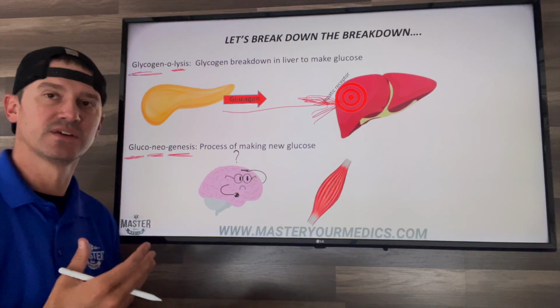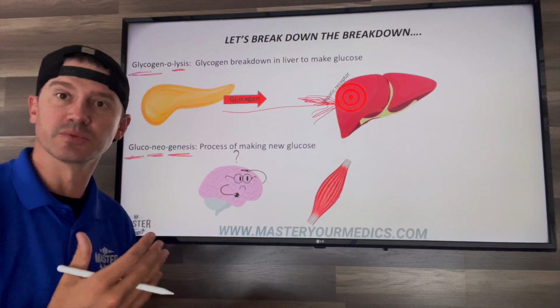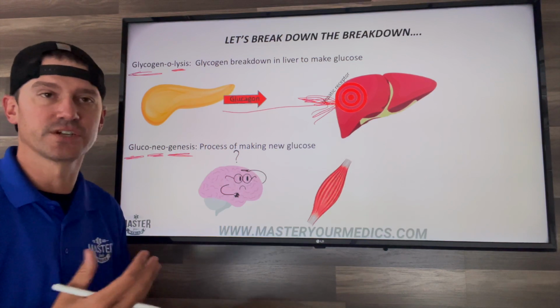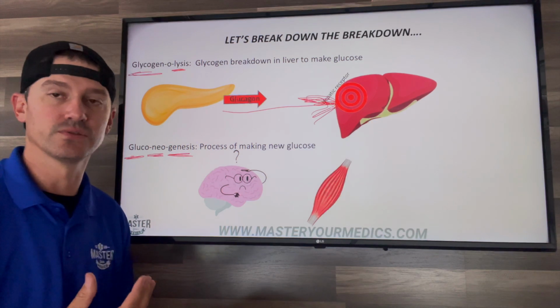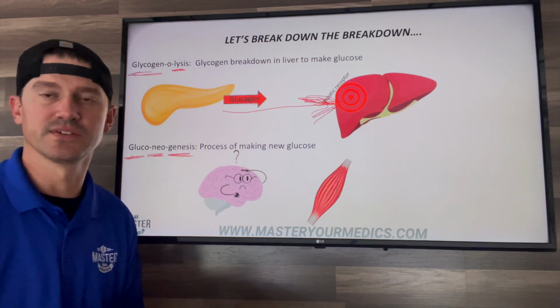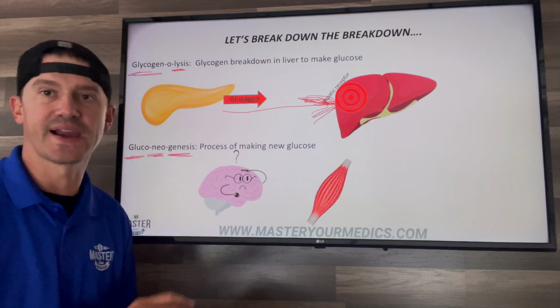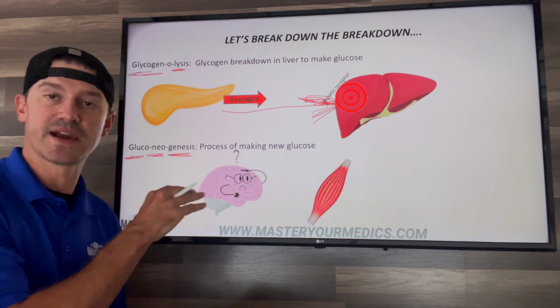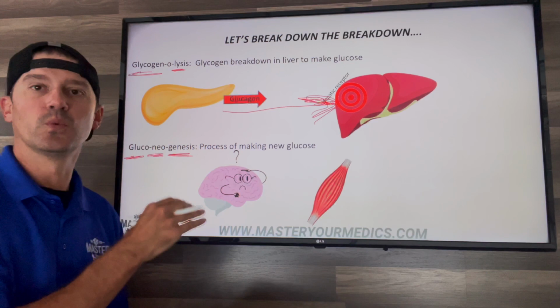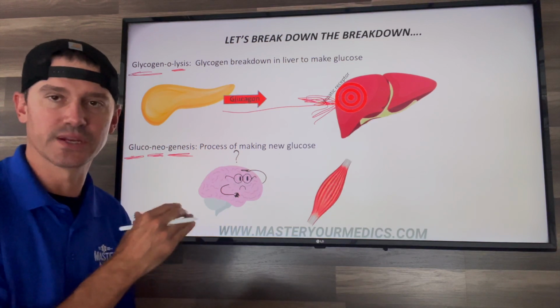The brain is like, we really need some glucose, but where can we get it from? There's no extra glycogen stored in the liver, so we've got to figure something else out. So it starts going to the backup methods. Like the backup generator in a house, this is the backup space where we don't want to rely on it, but it is a process the body can utilize.